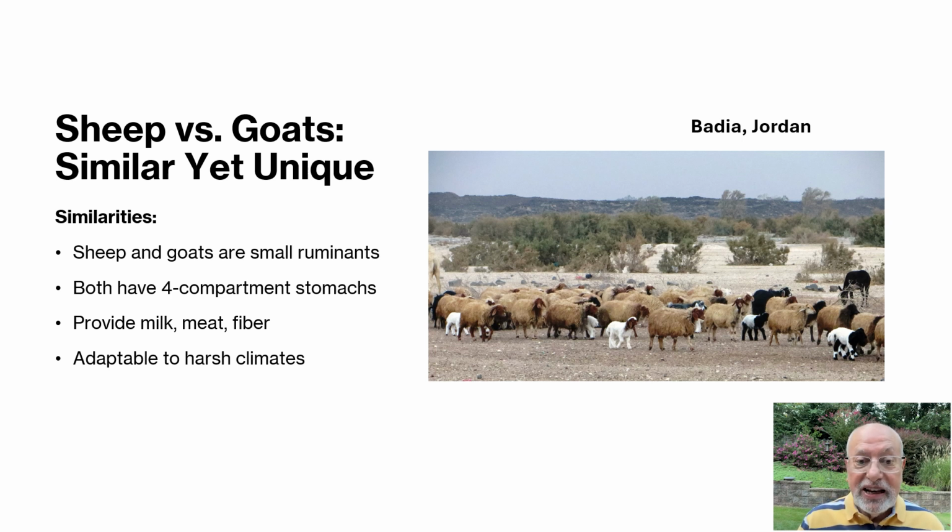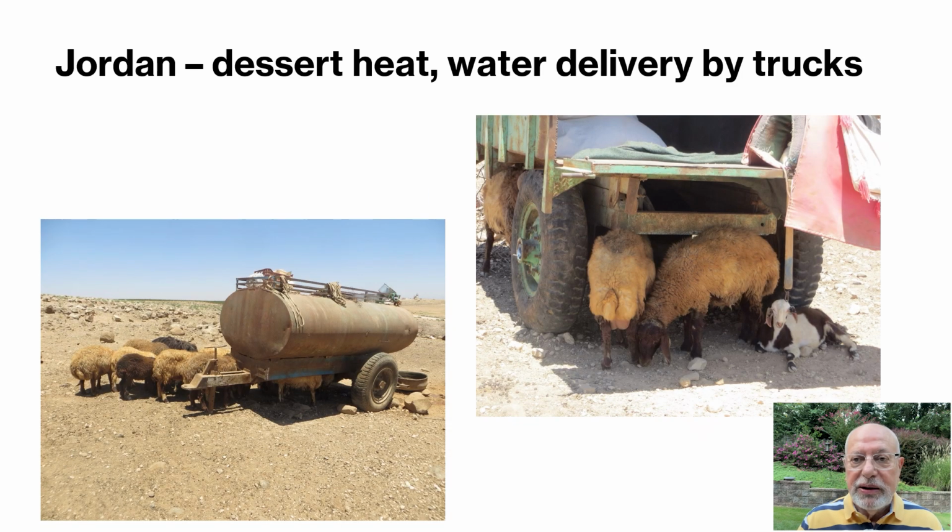As you can see on this slide, this is from the Badia region of Jordan. It's a desert area with very limited vegetation and very little, if any, water availability, but these animals are able to survive. If we get a little closer to the Badia regions, where I worked twice in different areas of the region, you can see a bare desert area, and water is provided with trucks.